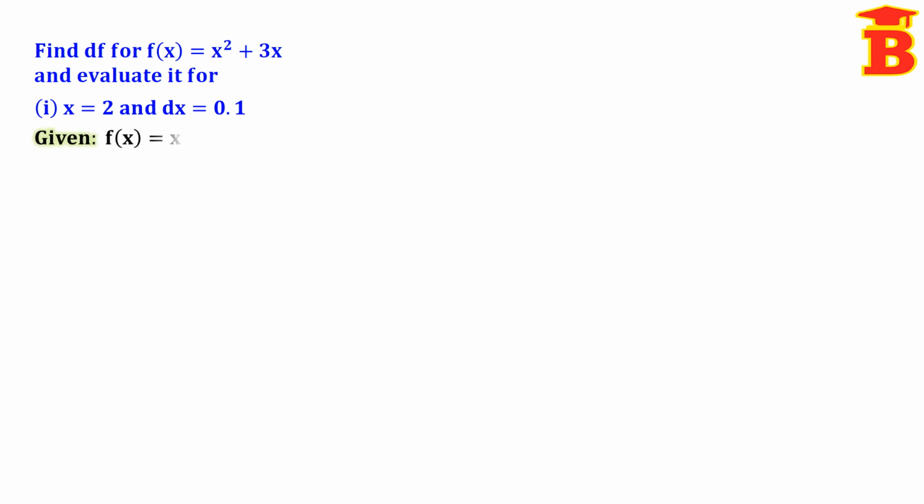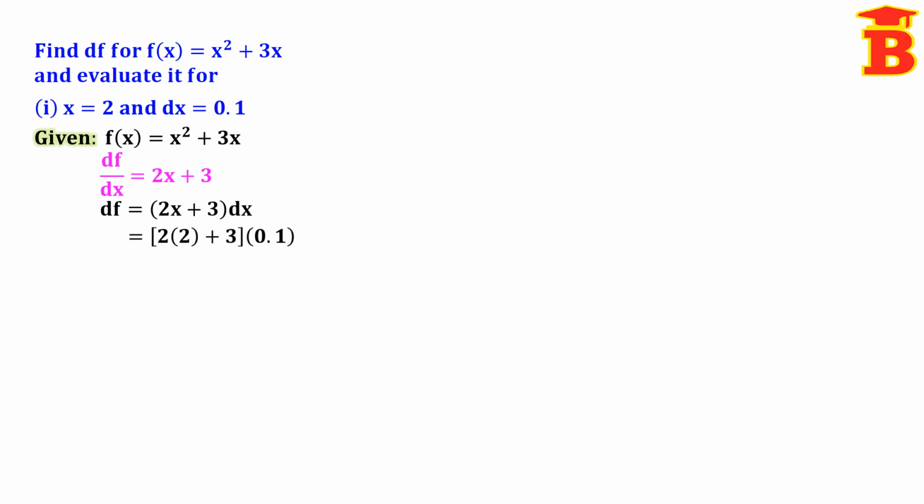So first given f of x is x square plus 3x, differentiating this df by dx equal to x square differentiation is 2x, 3x differentiation is 3. This dx cross multiply right side, so we get df equal to 2x plus 3 into dx. So this is the differential. Now just substitute the given values and get the answer.